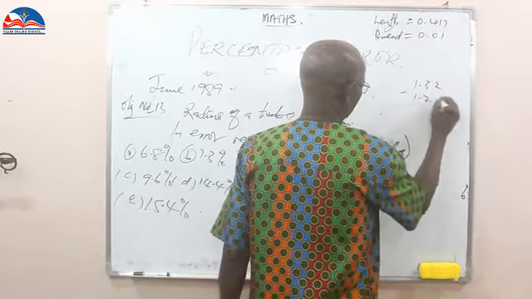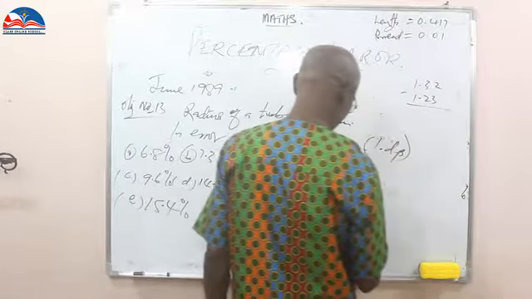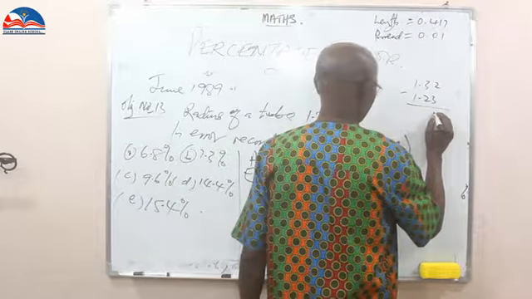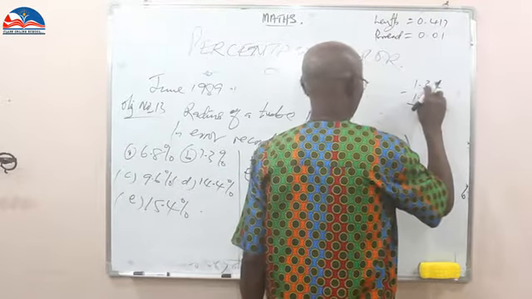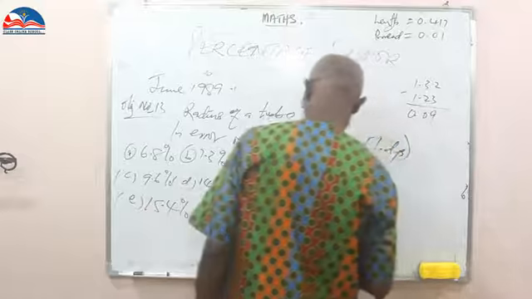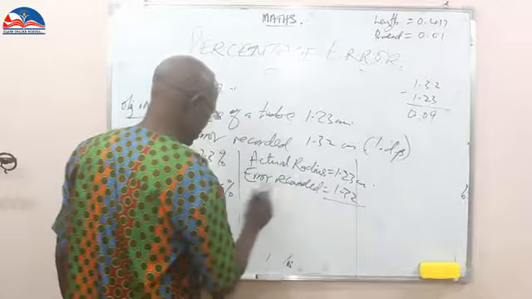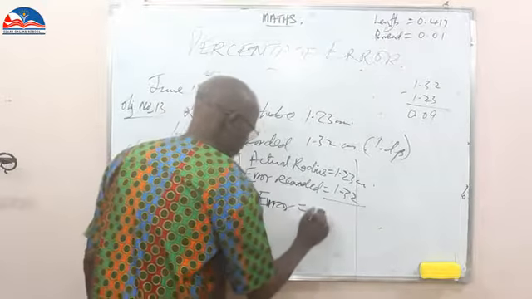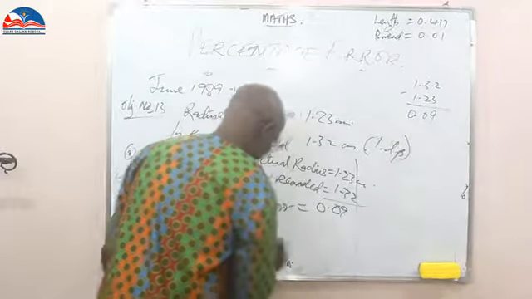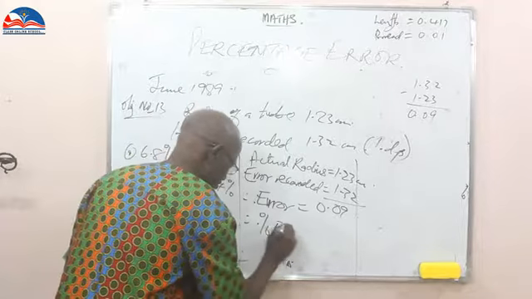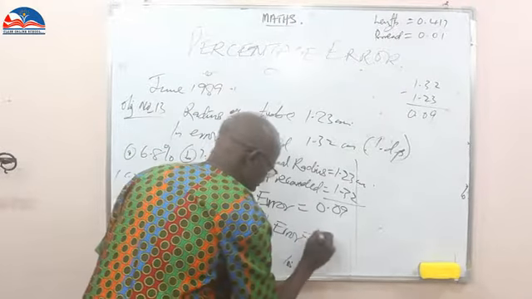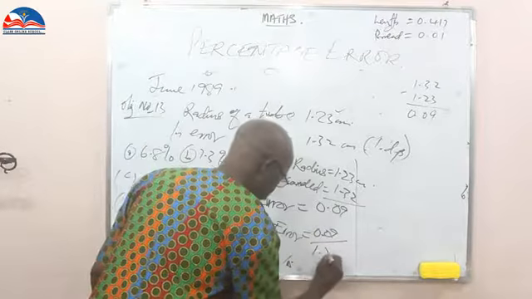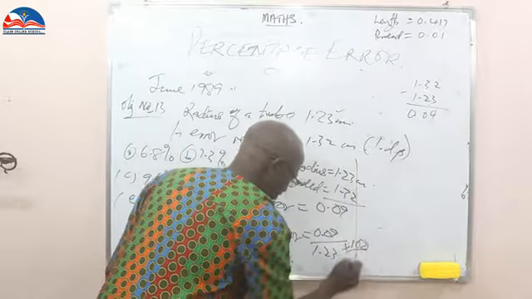Can 2 give me 9? What's left here? 0. So the error I made equals 0.09. Therefore the percentage error equals the error 0.09 over what is supposed to have been recorded, 1.23, times 100.